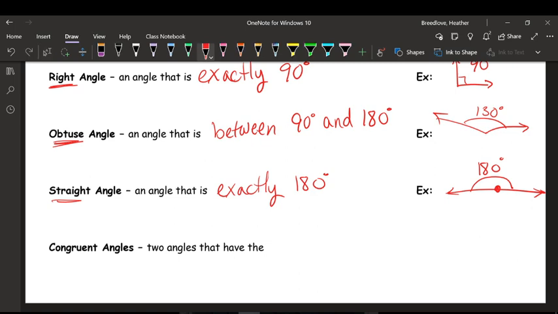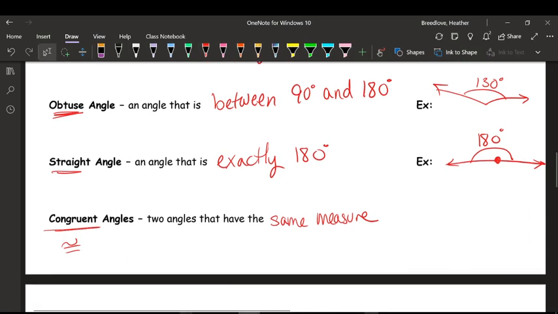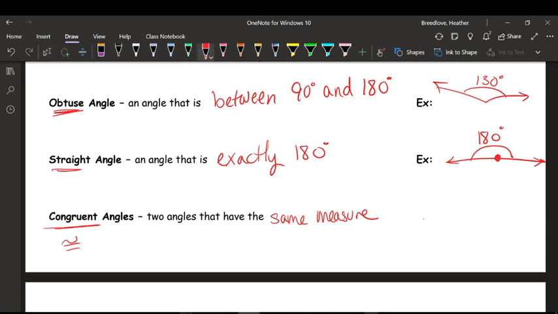Congruent angles. We defined congruent yesterday. Remember, it was that symbol, equal sign with a squiggle on top? A tilde. That's the squiggle's name, a tilde. An equal sign with a tilde on top. Two angles that have the same measure. So if they have exactly the same measure, it doesn't matter which direction they're facing.